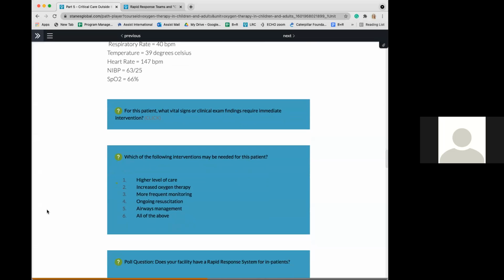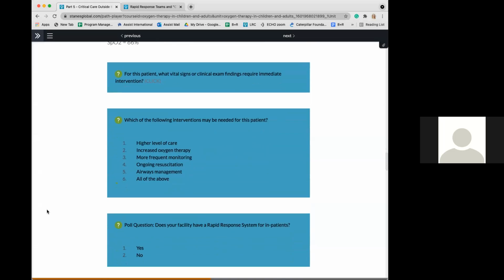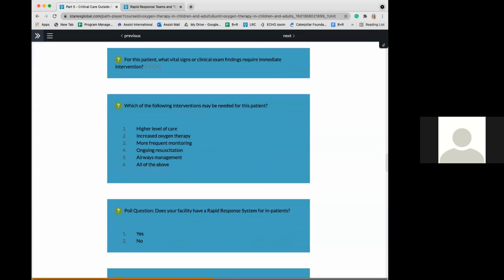This is a patient who is critically ill, so they will need to be monitored for all the vital signs. They will need to be resuscitated, and resuscitation should be ongoing as we monitor the patient closely.